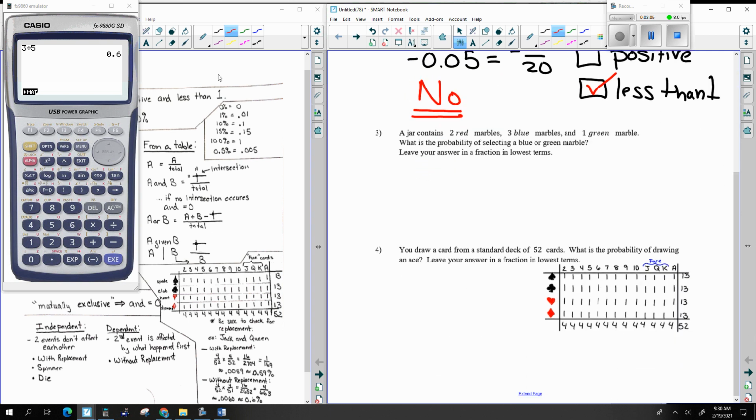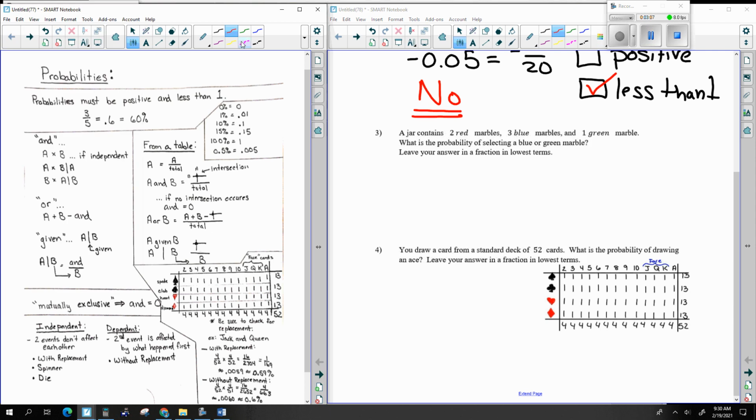Okay, next we are getting into more full-fledged probabilities themselves. In this particular question, the ultimate question is, what is the probability of selecting a blue or a green? The chief question of this problem is the word or.